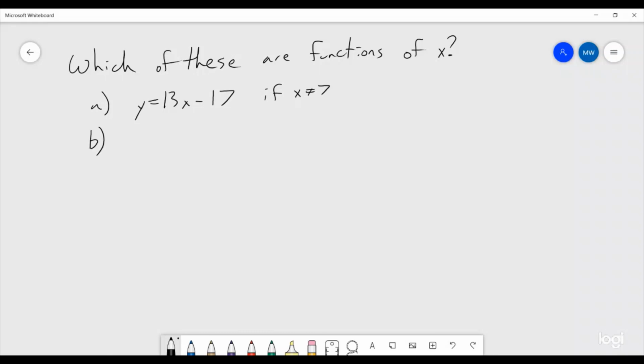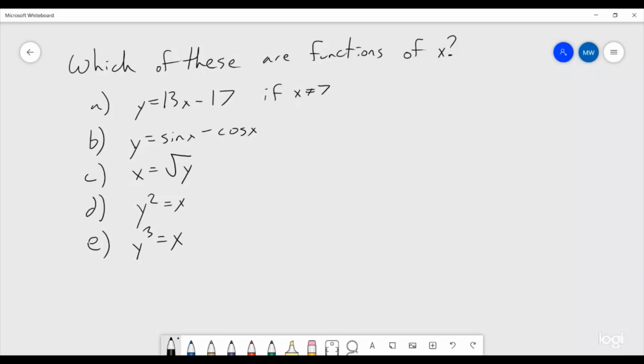B, we have y equals sine x minus cosine x. C, we have x equals the square root of y. D, we have y squared equals x. And then E, we have y cubed equals x. Pause the video and try and figure out which of these are going to be functions.